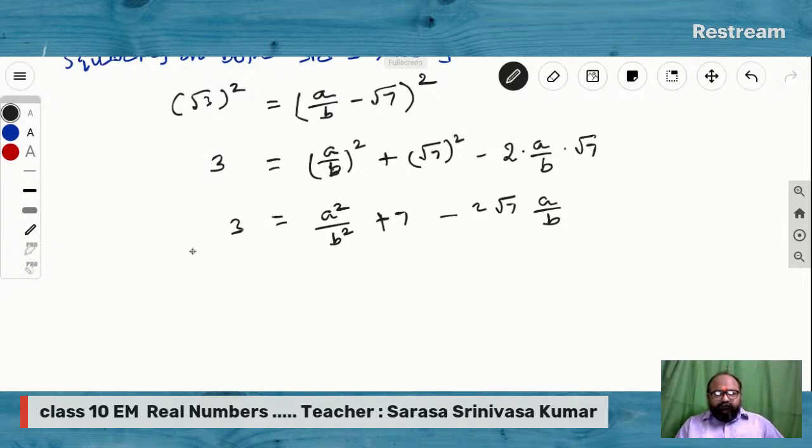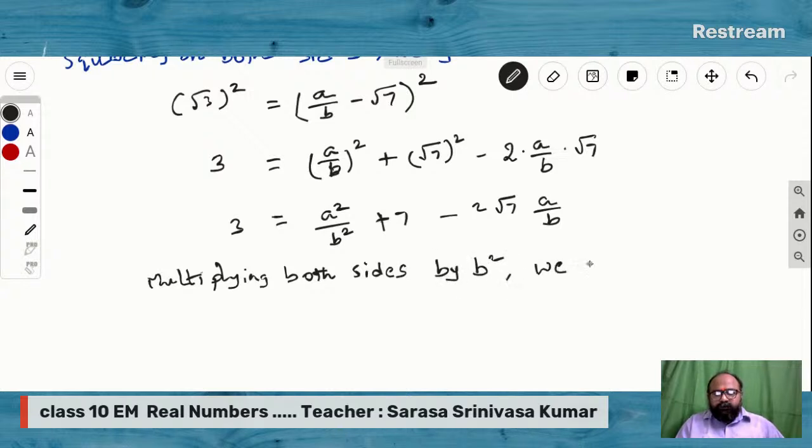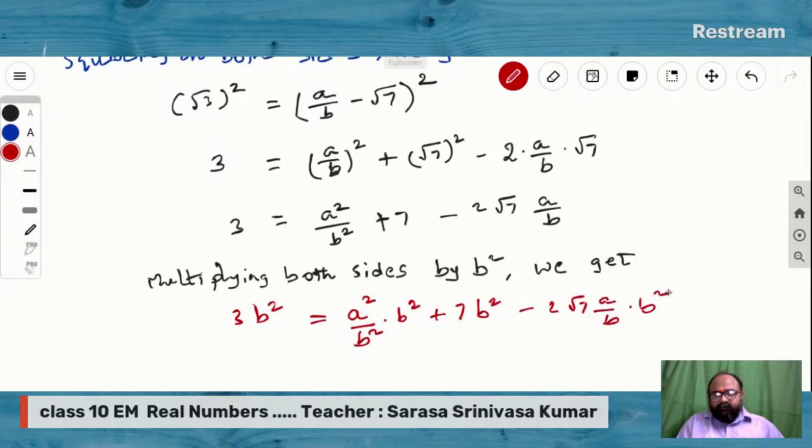Now multiplying both sides by b square, we get 3b square equal to a square by b square multiplied by b square plus 7b square minus 2 root 7 a by b multiplied by b square.